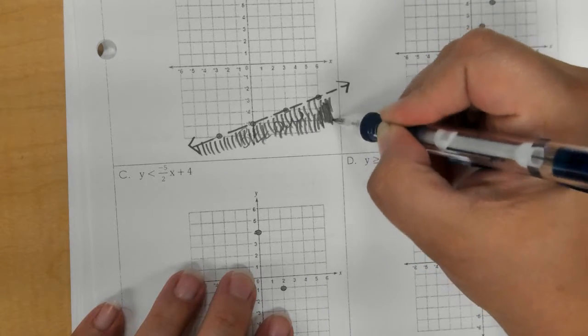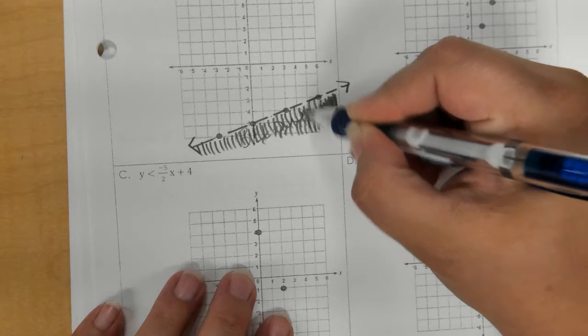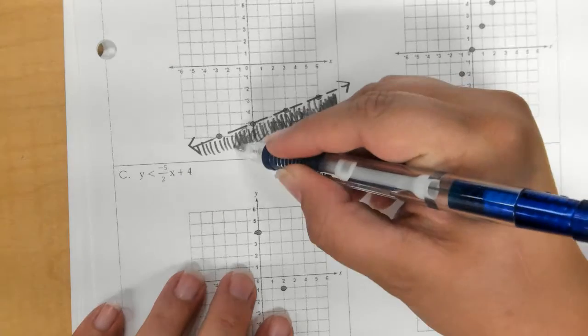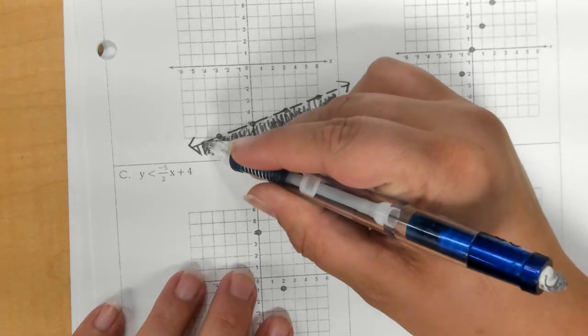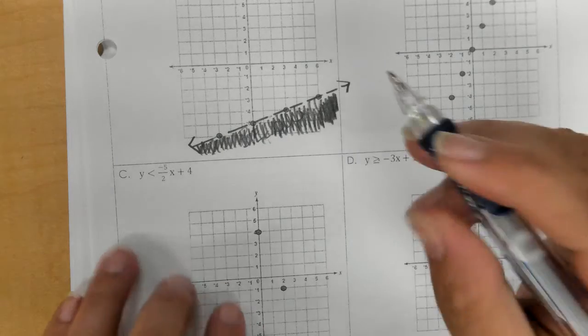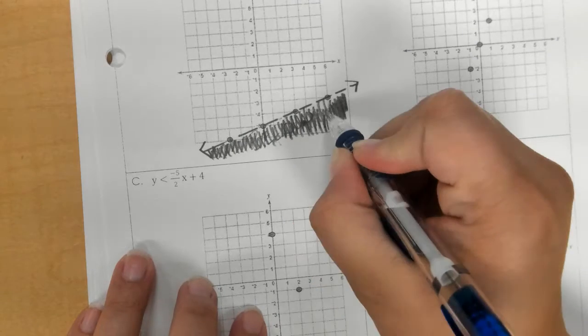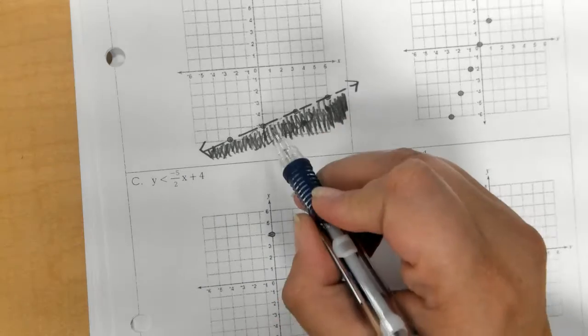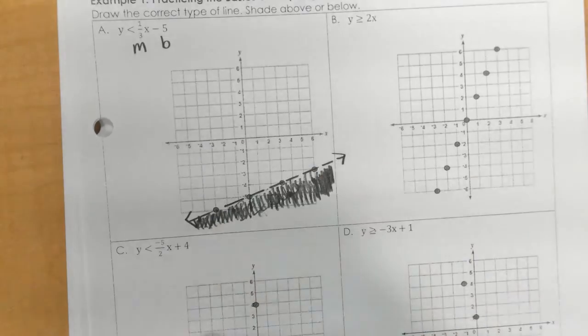You could do more like that if you want, but just to show that this side of the line is the shaded area. And this shaded area means this part is your answer. So any point that I have in this section that's shaded is a solution or an answer to that inequality. It would work in the inequality if I checked it.